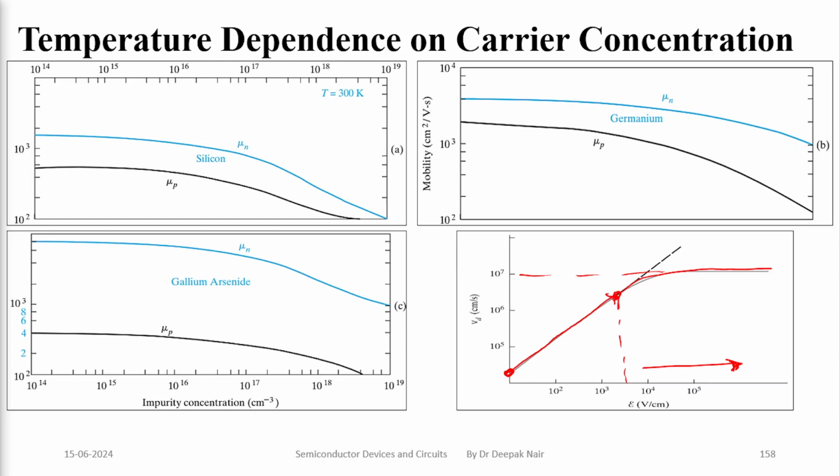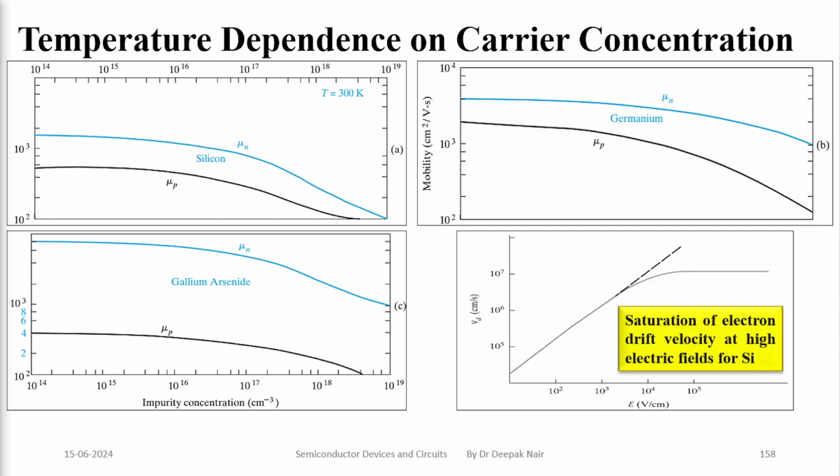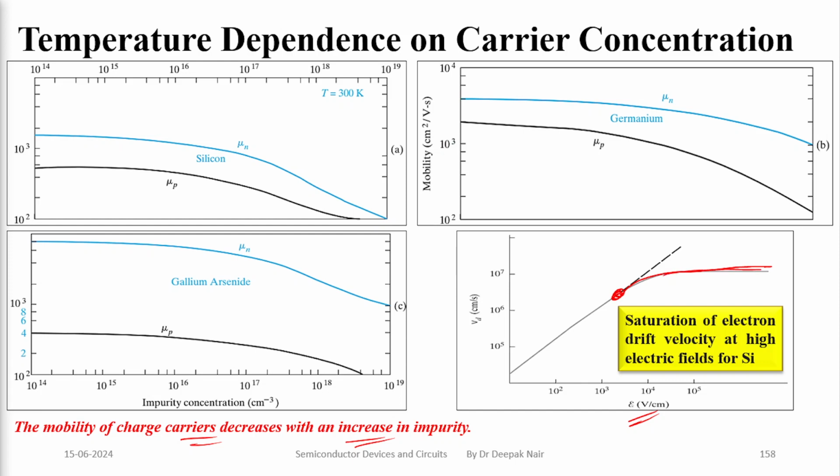So up to a certain point, if we keep on increasing the potential, the velocity of charge carriers increases linearly, but after the threshold voltage, the velocity saturates. Even if we apply voltage beyond a certain threshold, the velocity of electrons or holes stabilizes, or we can say saturates.